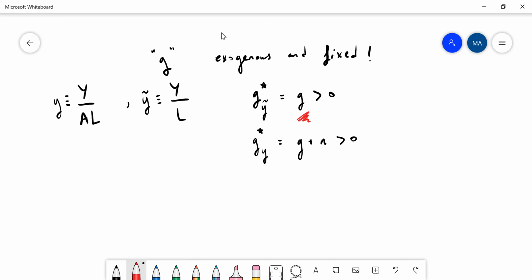How can an economy choose a particular growth path? What determines G? That is not answered in the Solow model.